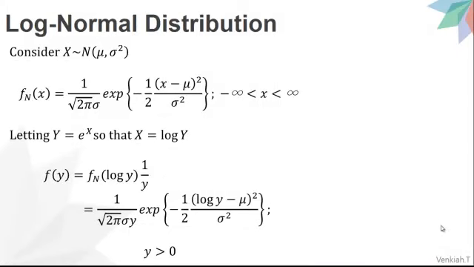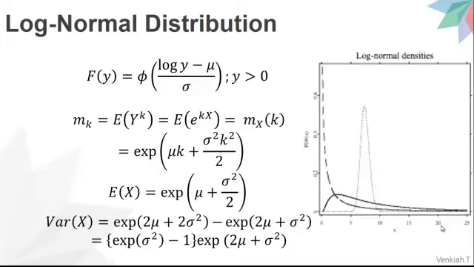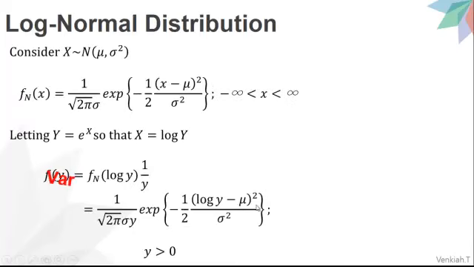This process is often described as a Cobb-Douglas law. Now to find the cumulative density function of the log normal distribution, you use phi of log y minus mu over sigma.